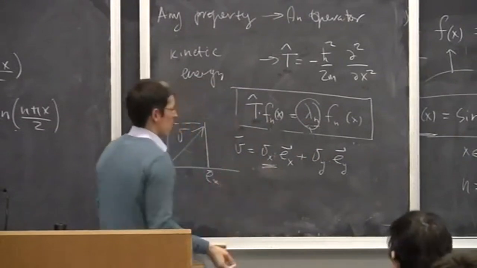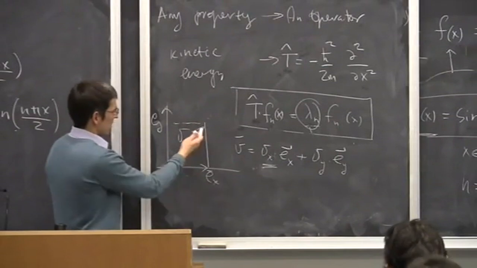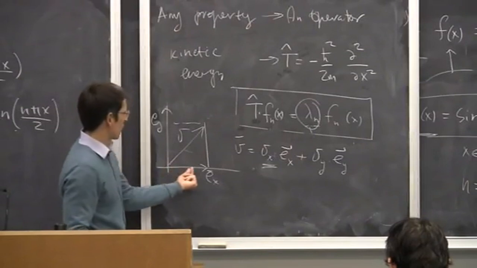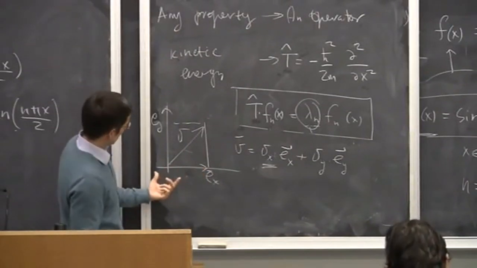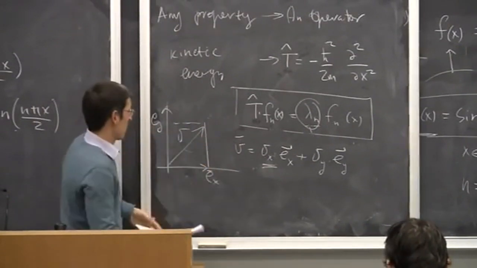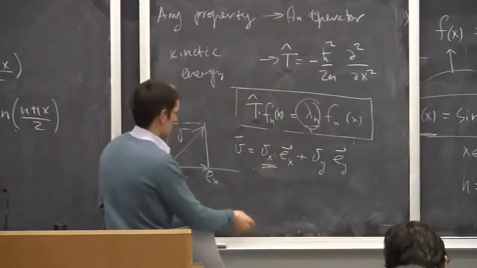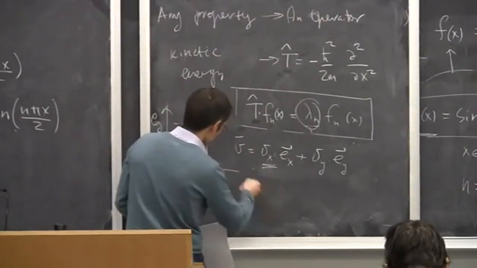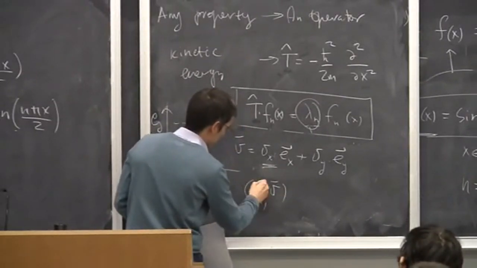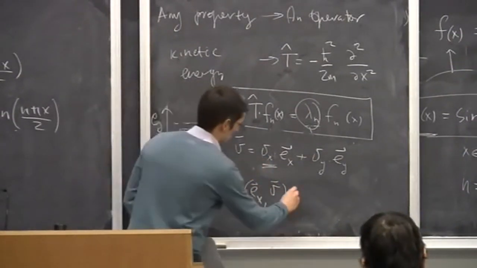Right? How do we obtain these numbers? We project, right? Geometrically, the projection means that we put the perpendicular line and measure the distance. And formally, that corresponds to taking the inner product of vector v with e_x, with the basis vector, the projection on which we're interested in, right? So this is going to be v_x.